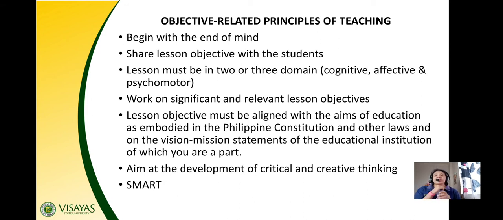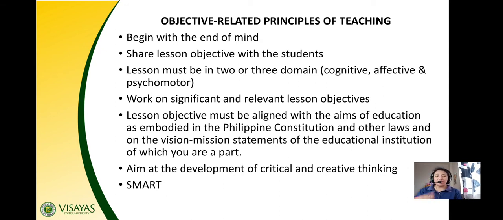Next, share lesson objectives with the students. So, make your students own the lesson objective. It could be stating the objective in the first place, or it could be discovering the objective as we go along with the discussion. Third, lesson objectives must be in 2 or 3 domains.